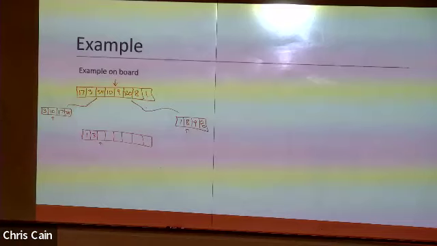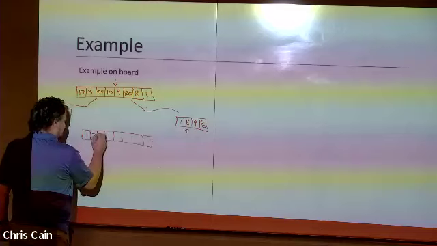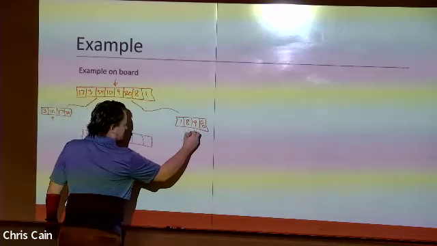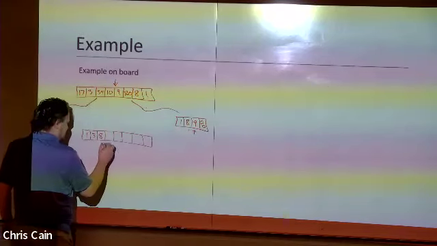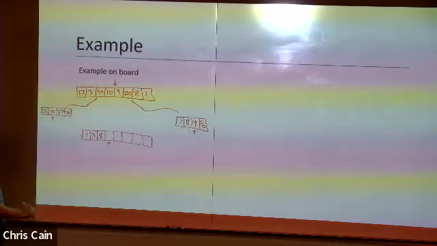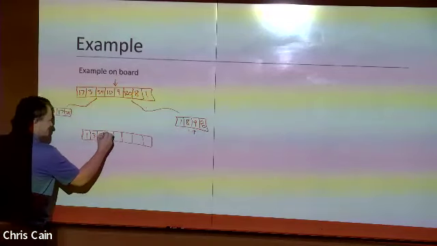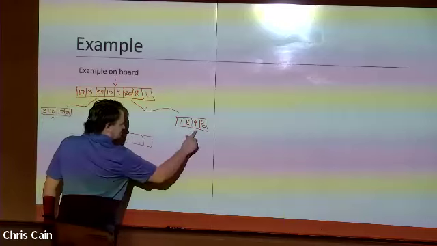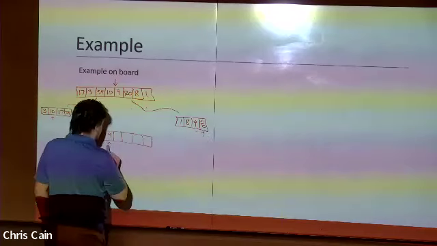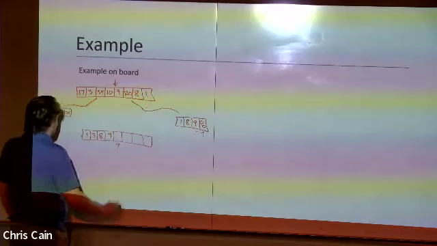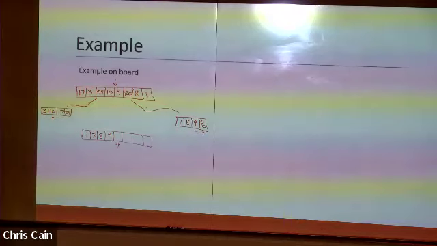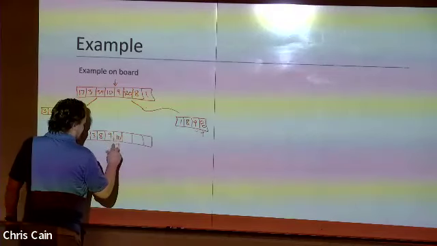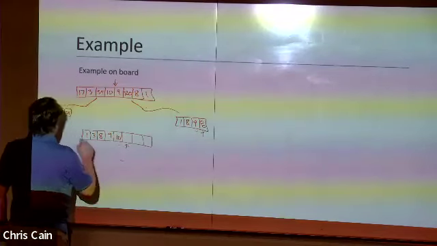Which is smaller, 10 or 8? Bump up this pointer. We bump up this pointer, which is smaller, 10 or 9? Bump this up again. Bump this up again, which is smaller, 10 or 120? Bump up this pointer.